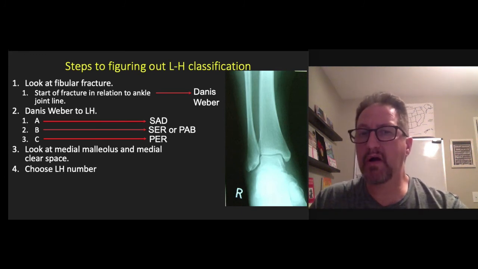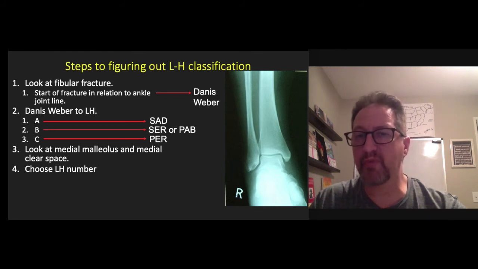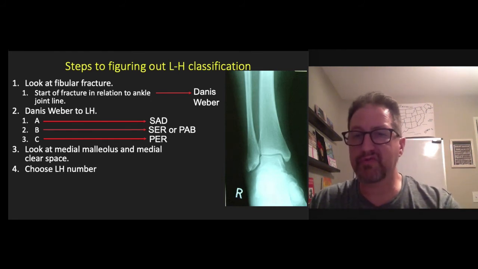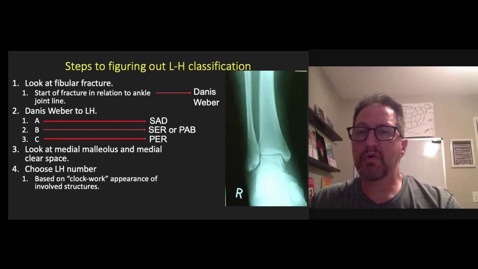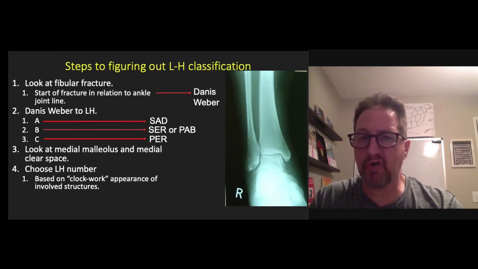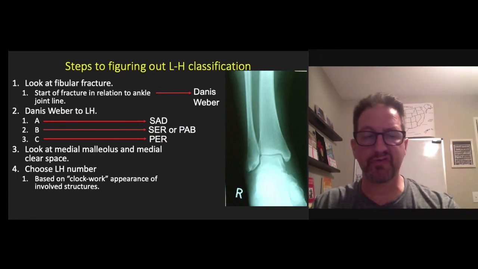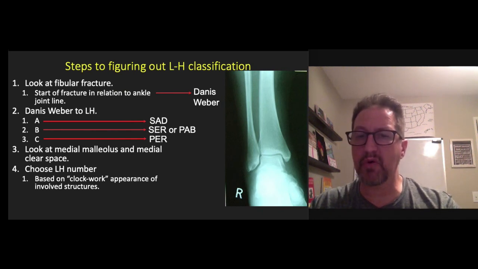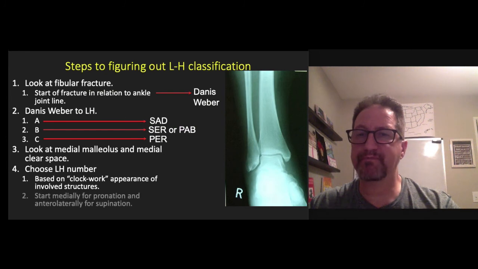The SER has 4, the PAB has 3, the PER has 4, and you're going to have to know those as well. You'll figure those out based on memorizing the clockwork appearance of those involved structures. And for that, I'm going to suggest that you refer back to your lecture on classifying ankle fractures.